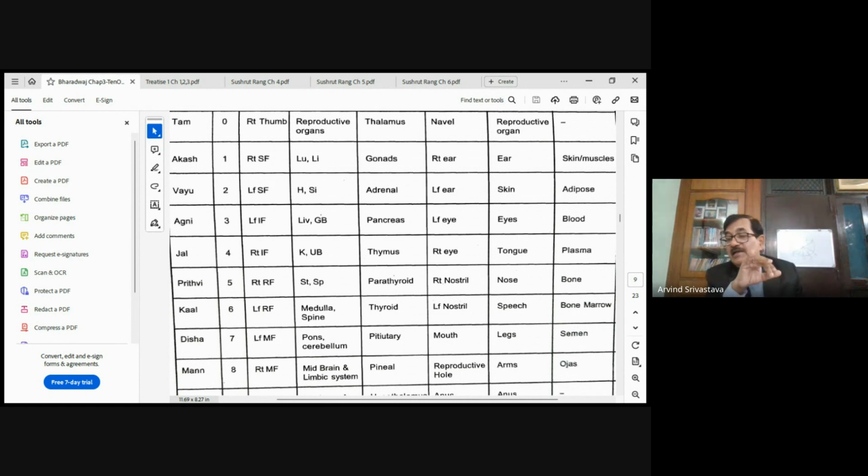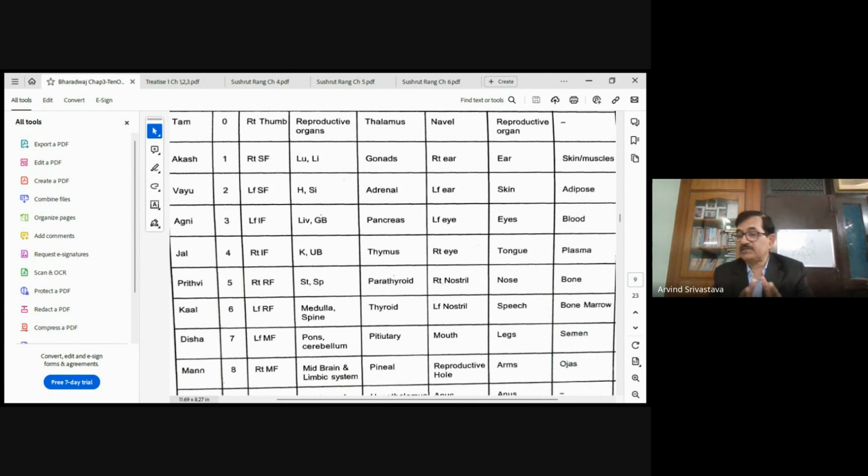The lungs and LI are yin and yang organs. So the yin organ has been plotted on the Kapha joint, and the yang organ on the Vata joint. Similarly, the heart is a yin organ, so it has been plotted inside on the Kapha joint, while SI has been plotted on the Vata joint.